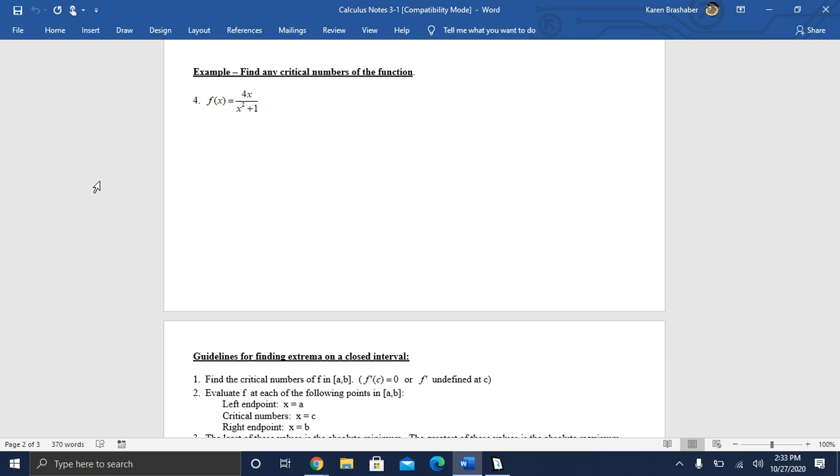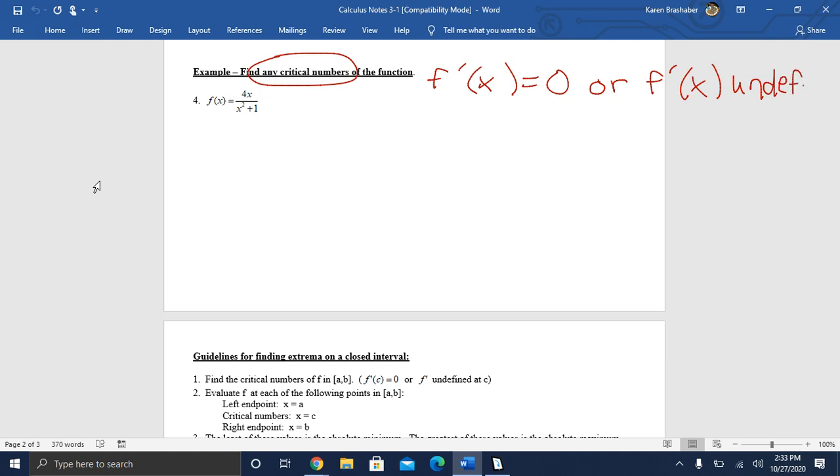If we're asked to find critical numbers, then we need to look for places where either f prime of x is equal to 0 or f prime of x is undefined. If we find any x values for which that is the case, then we've got a critical number.